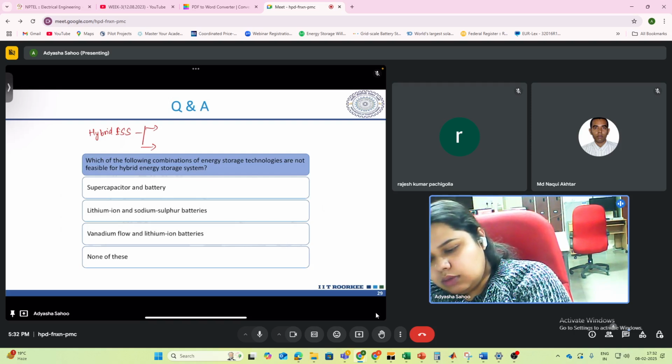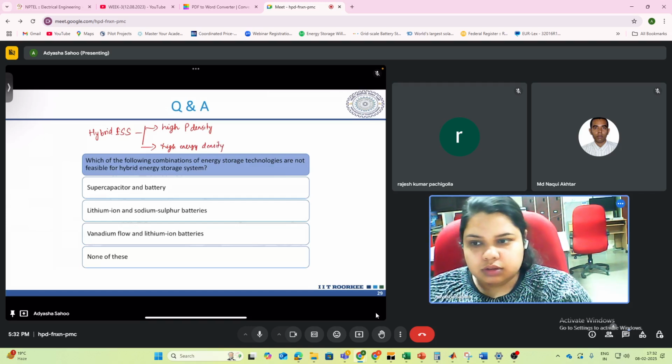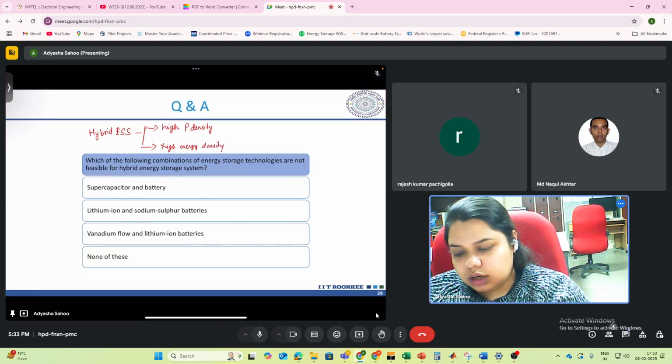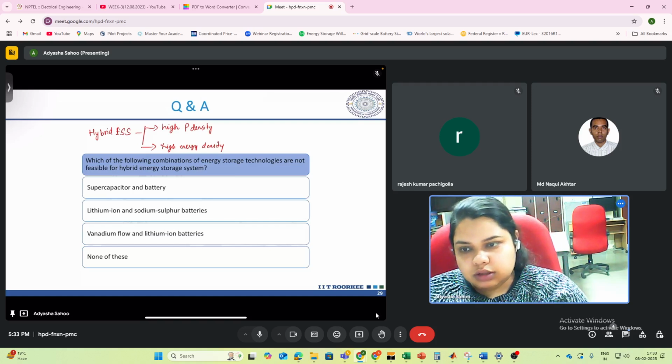So what we combine is one energy storage technology with high power density with another energy storage technology which has high energy density, to form a hybrid energy storage system having both features. So you need to look at which of the following combinations is a combination of a high power density technology with a high energy density technology.